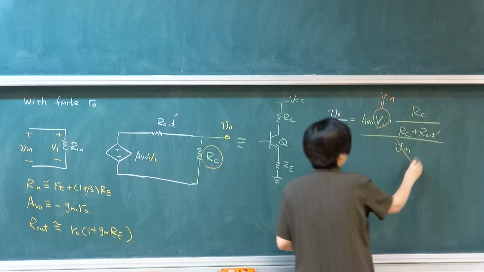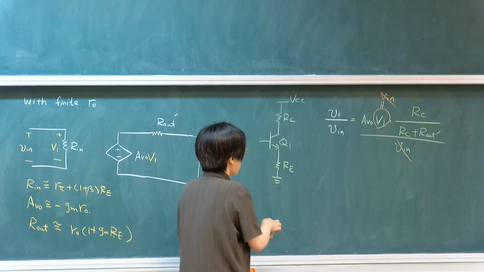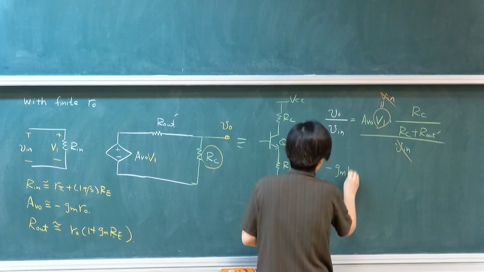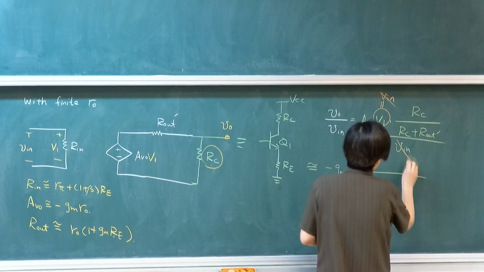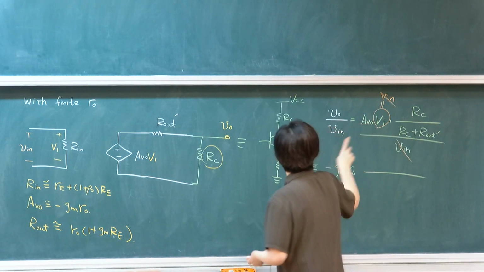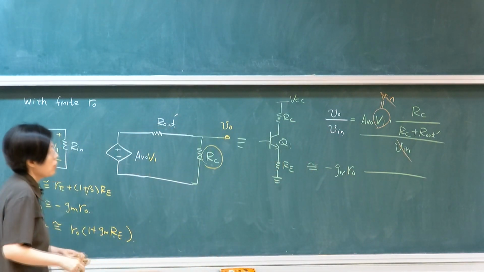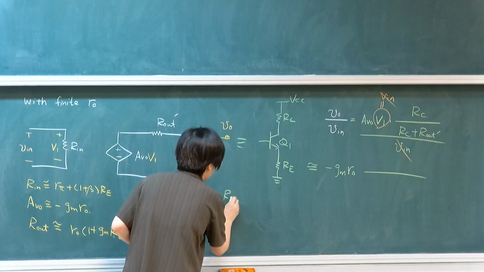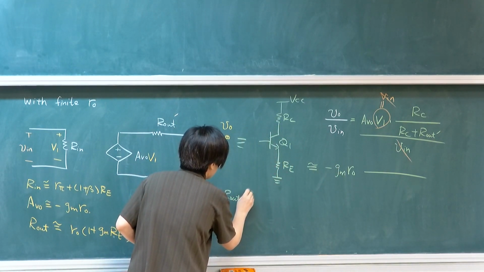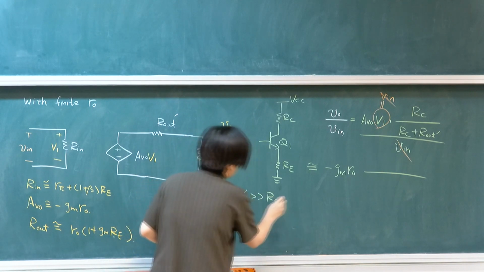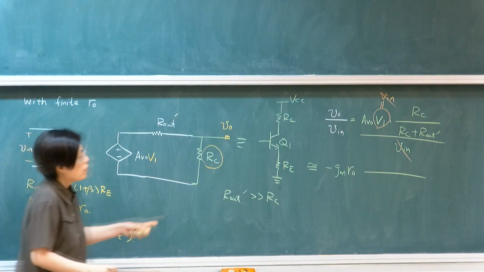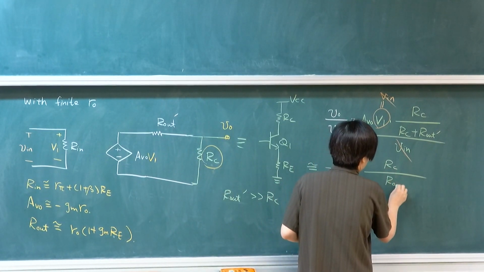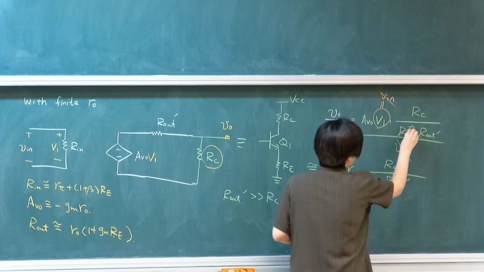So these two cancel themselves. Then you're approximately getting minus GMRO times RC over R out, approximately. Because in most cases, my R out prime is much, much larger than RC, right? So then this will be RC over R out, and you're ignoring this.